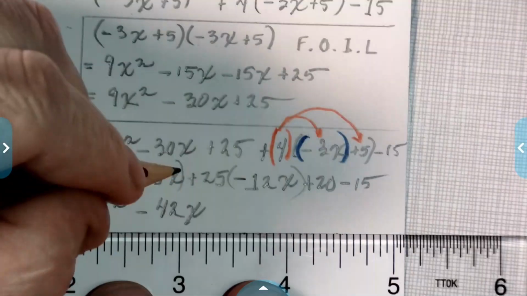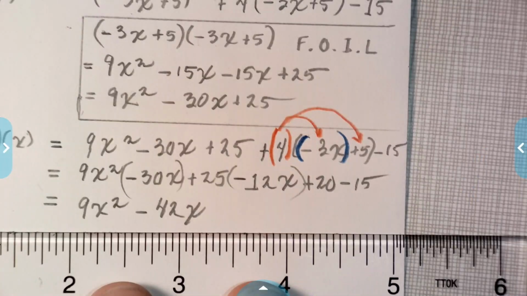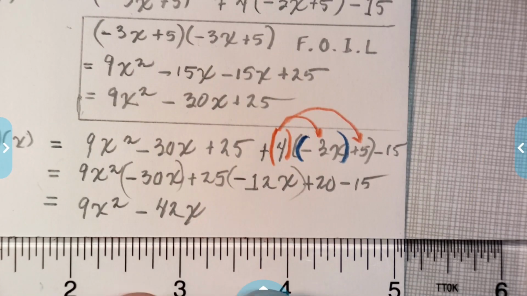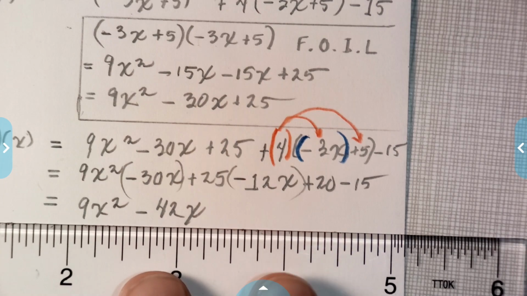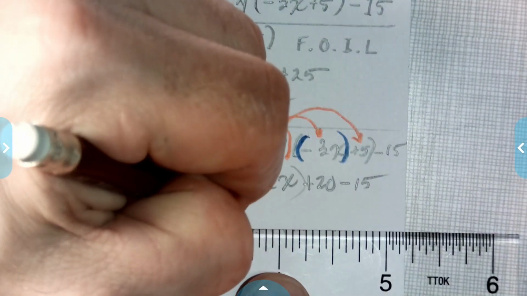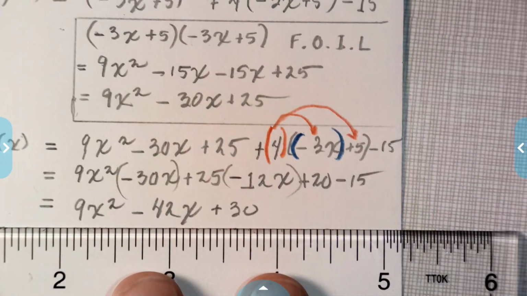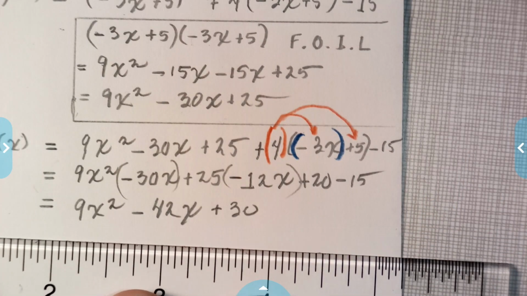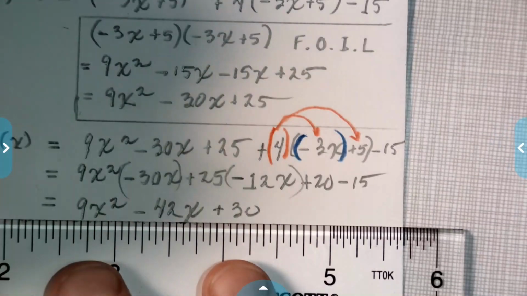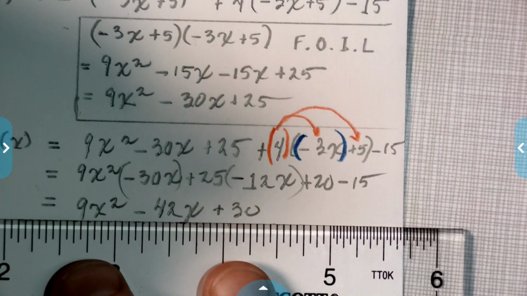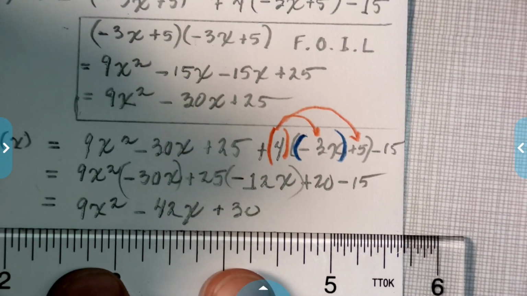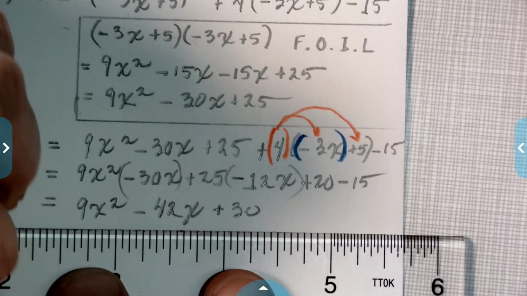And then I have 25 plus 20, which is 45, minus 15, which is 30. So plus 30. Okay. And that is the composed function, g of f of x.